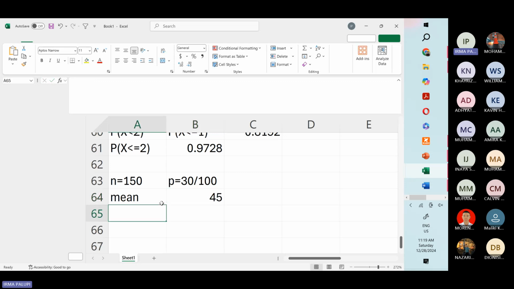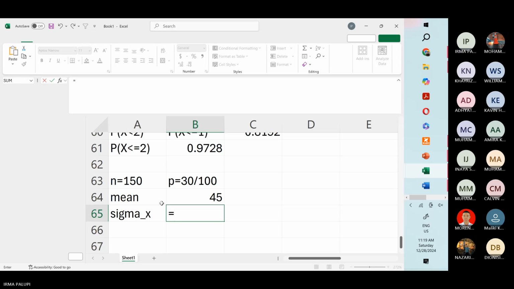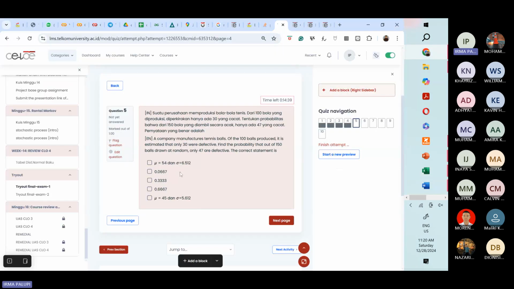So this is the mean, and sigma of X, or standard deviation of X, it's just the square root of 45 times 0.7. Write it down for you. Okay, so it's n, right? 150 times probability of success, which is 0.3, and probability of failure is 0.7. So this is the answer for sigma.